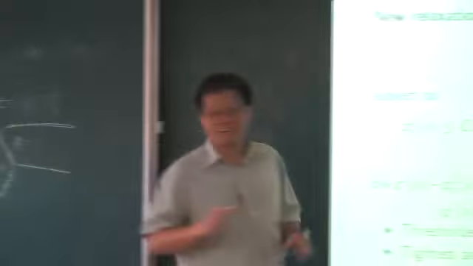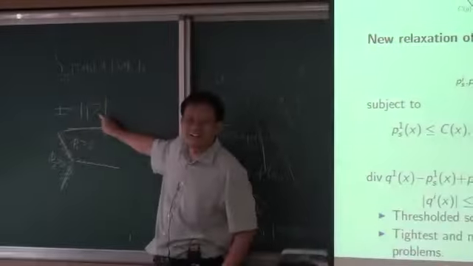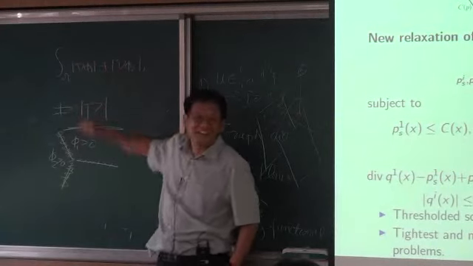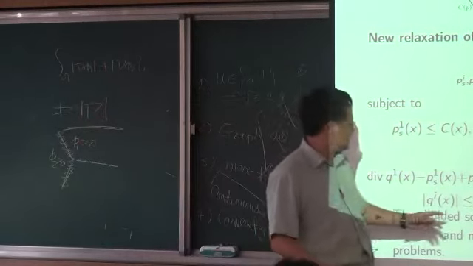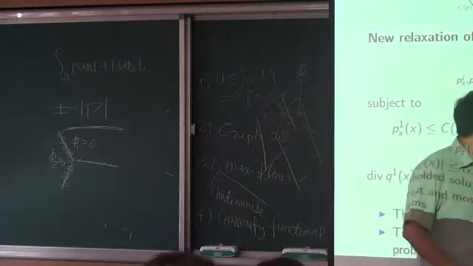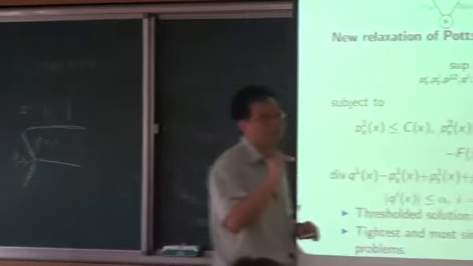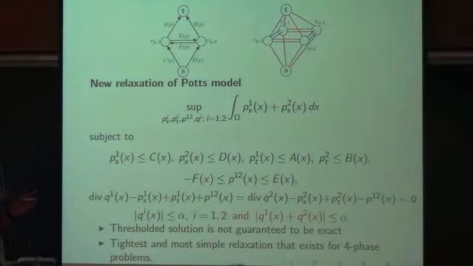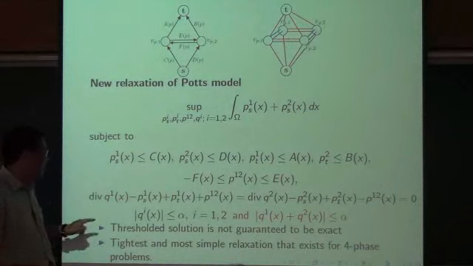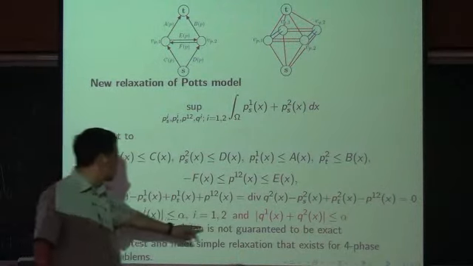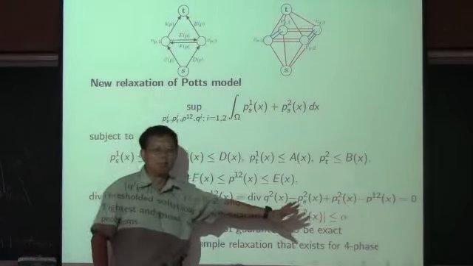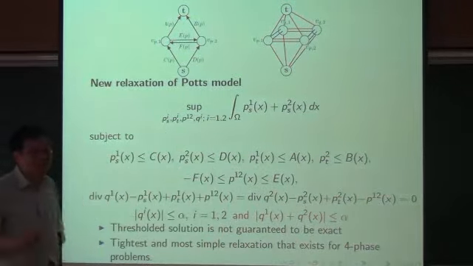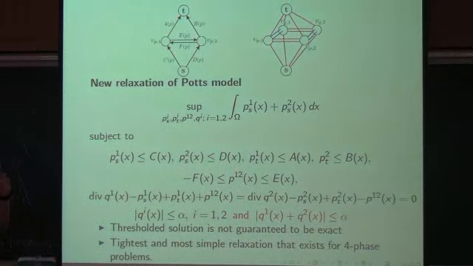If you really want to minimize exactly this length instead of this one, then we need to add some more constraints. If you do this one, then you will minimize the length of the interface exactly. But if you do this one, then we cannot guarantee that the threshold solution is exactly a global minimum anymore. So here we utilize some very intrinsic property of the model.